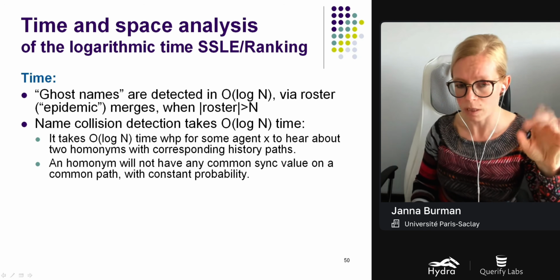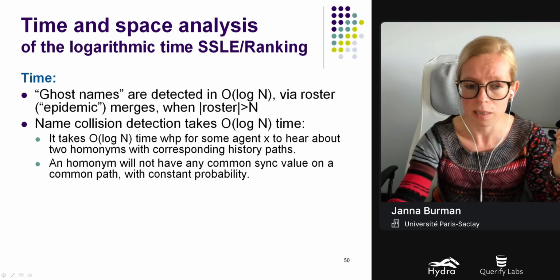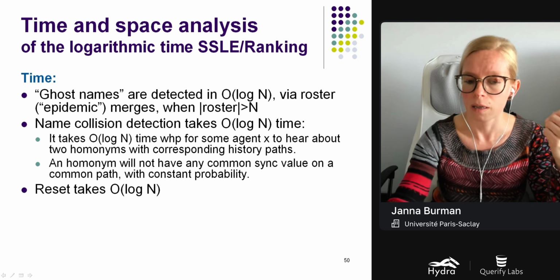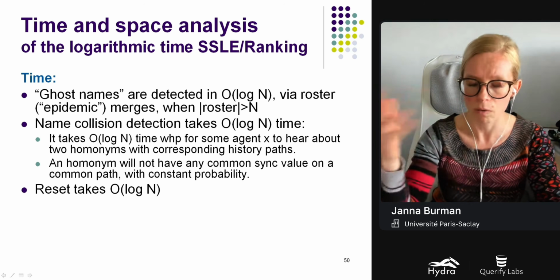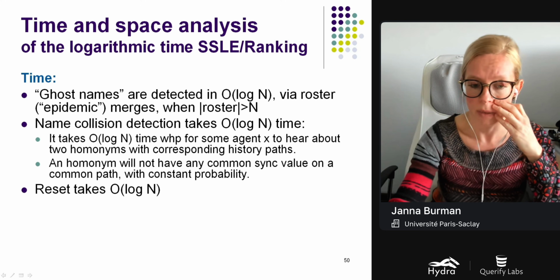So these are two things that we have to detect. I showed you how we can detect this fast, and reset also takes logarithmic time. And after the reset, I showed you that every agent picks a unique name, and then in logarithmic time all the names are propagated, and we obtain ranking and leader election.